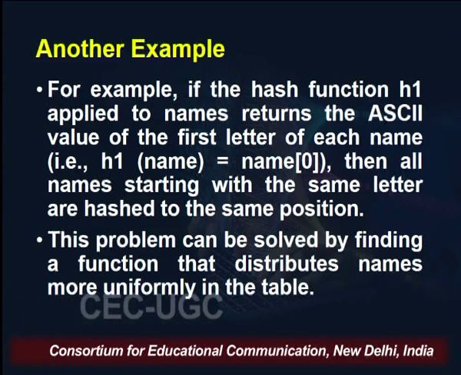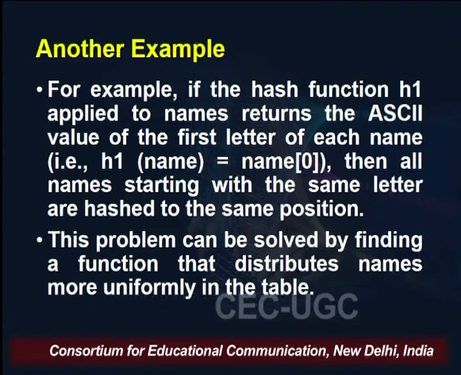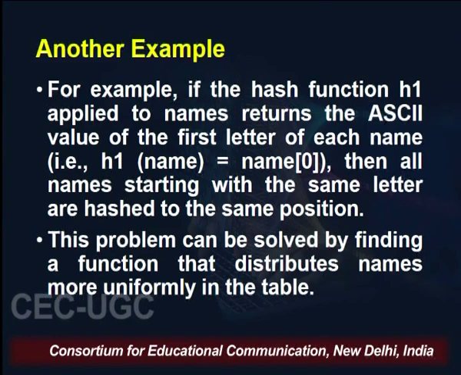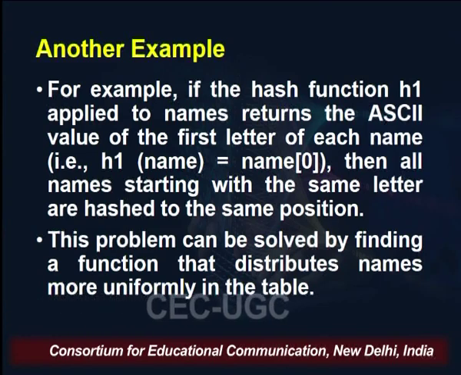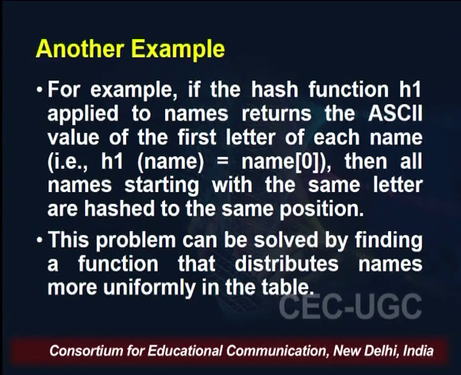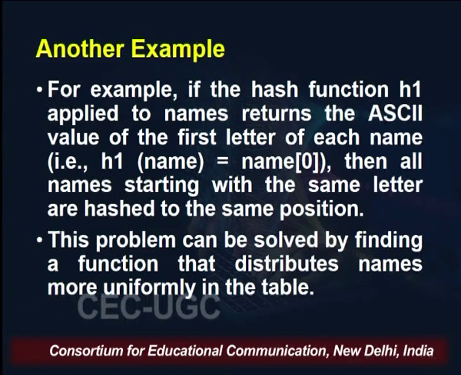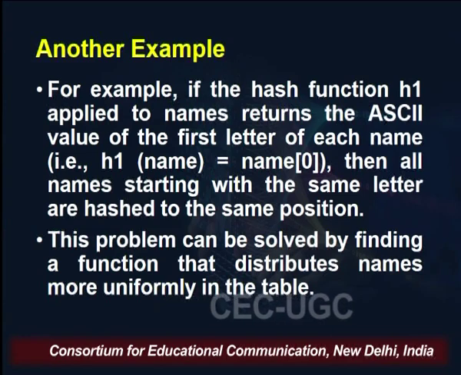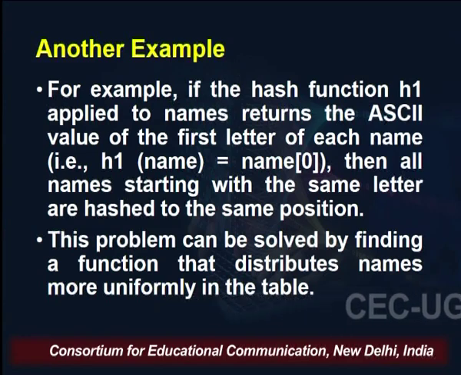So h1 of that key, or h1 of that name, is going to be the ASCII value of name[0]. Now what will happen? This is a clear cut case of collision, because all the names starting with the same letter are hashed to the same position. So all the names starting with A will be hashed onto the same position, and so on and so forth.